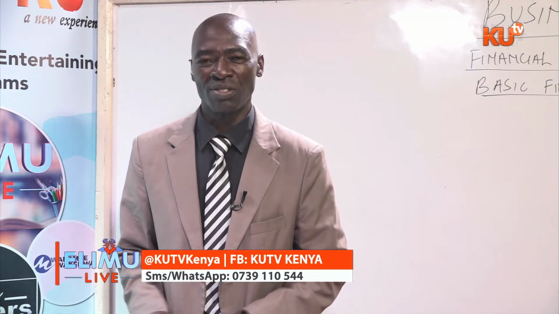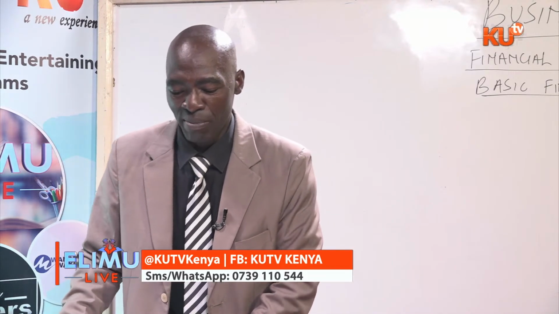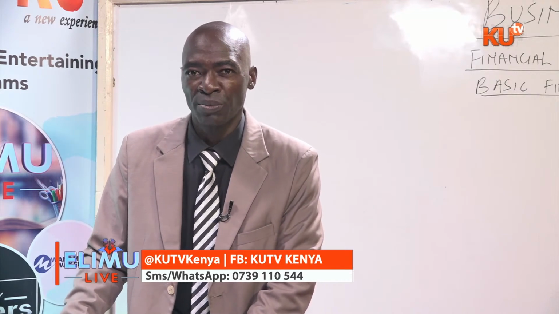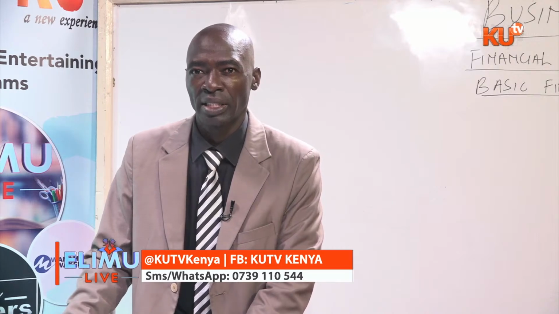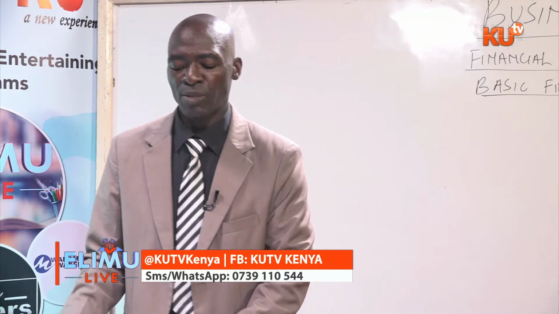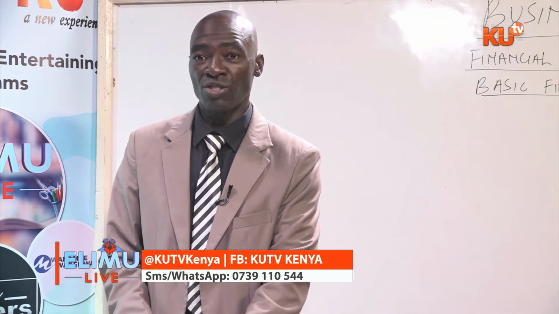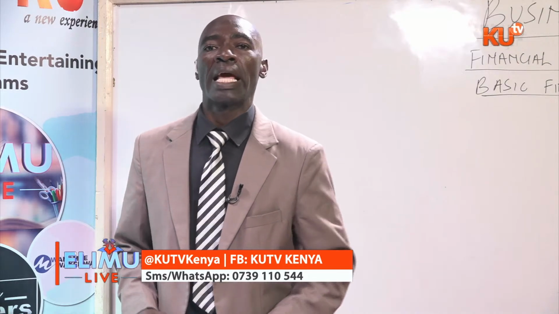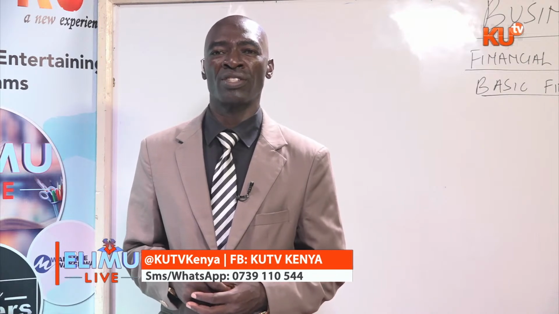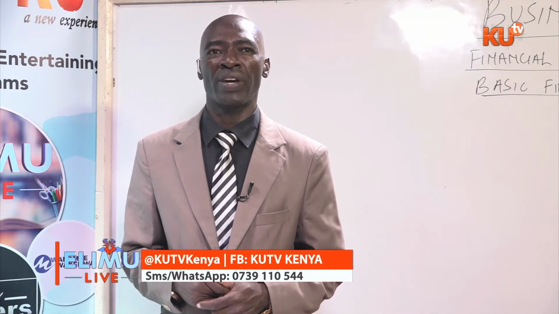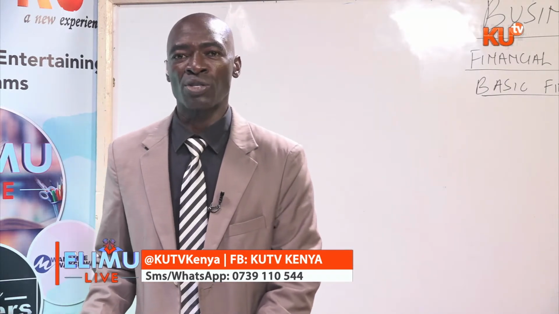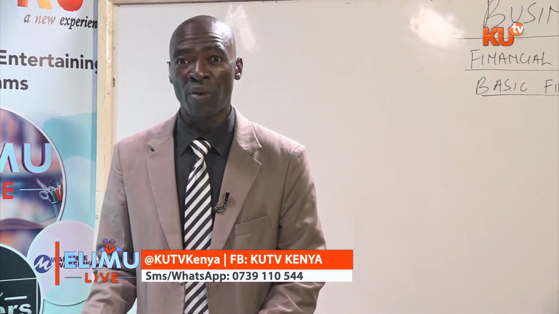By the end of the lesson, the learner should be able to: 1, explain the meaning of a financial ratio; 2, identify and explain different types of financial ratios; and 3, work out the different illustrations showing the financial ratios. Those are the specific objectives of our today's lesson.